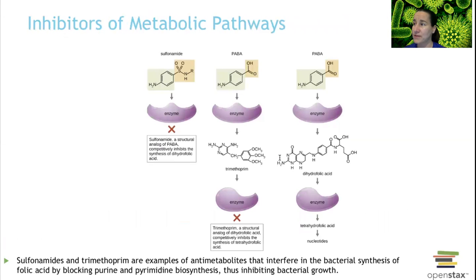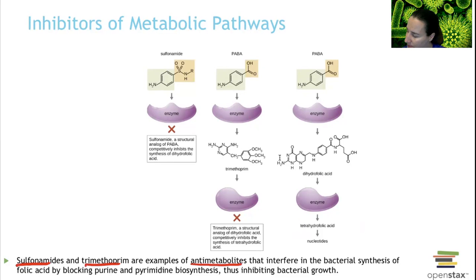What if they attack the metabolic pathways? Some of these, the sulfa drugs that we mentioned before, are going to inhibit folic acid synthesis, so the bacteria can't create their own folic acid. That's something we need to bring in anyway, so it attacks the bacteria and doesn't affect us. We mentioned sulfa drugs before. They are some of the oldest that we talked about, and they are sulfonamides.